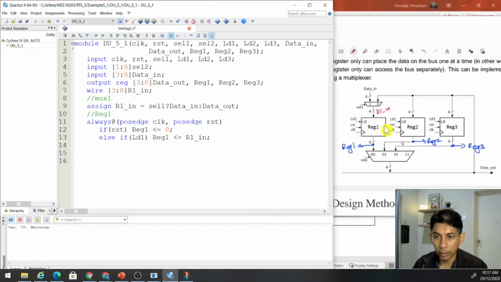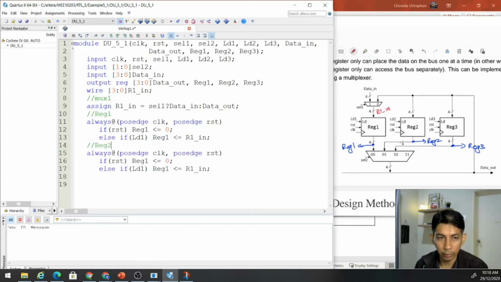Then you can have another register, which is actually similar. You can copy here, with the same clock, same reset, except that this is reg 2. If reset, reg2 equals 0, and with LD2, reg2 gets the input only from this data out.